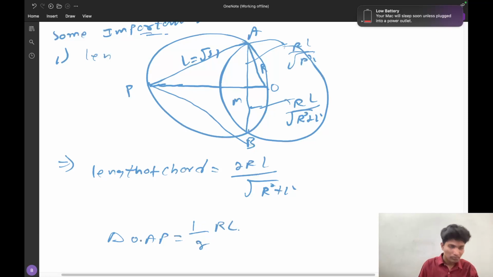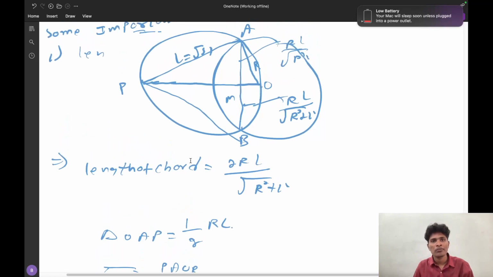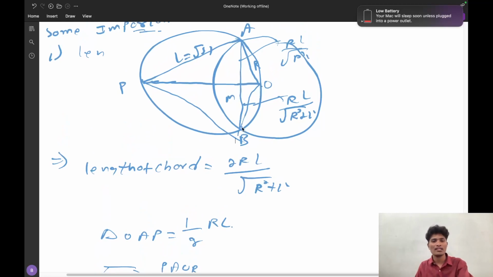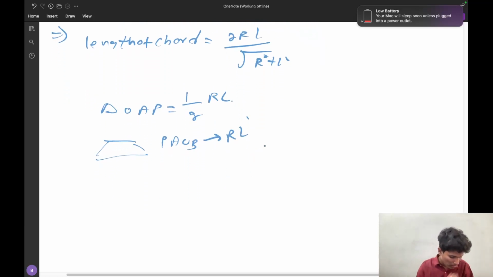This triangle area is half RL. The quadrilateral PAOB is a parallelogram-like figure, and its area will be RL. You have to think through these results.